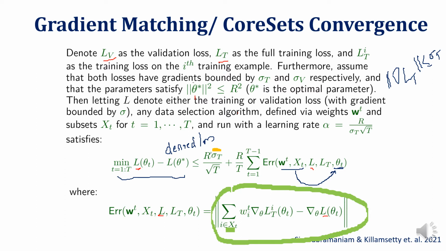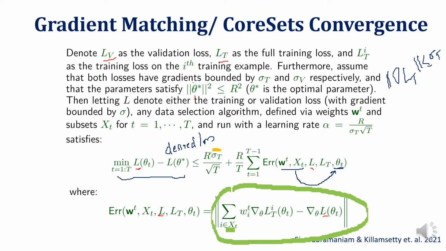The first one is based on the rate of change of the training data, basically an upper bound on the gradient of the training loss error. The second term, which is the sum of the errors with respect to the individual epochs, indicates that an effective data selection should try and have this low value of error.